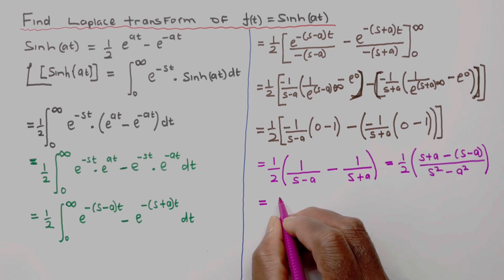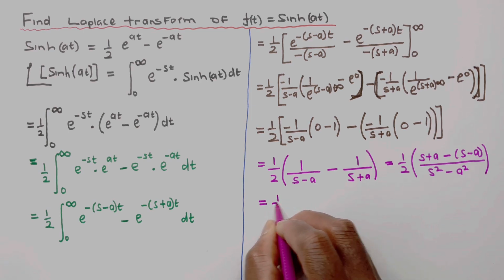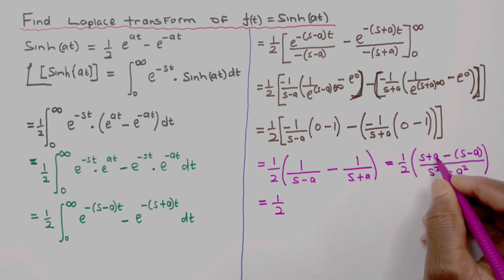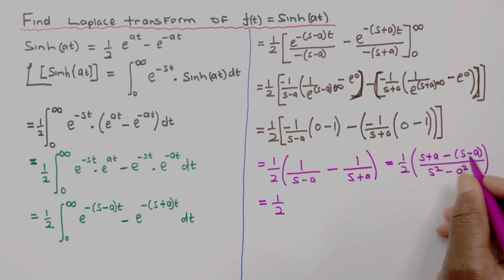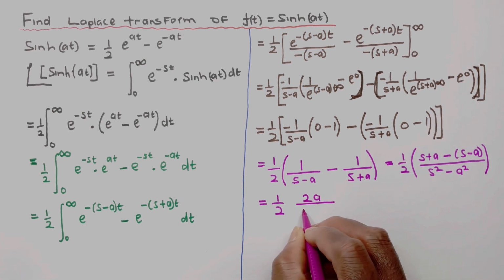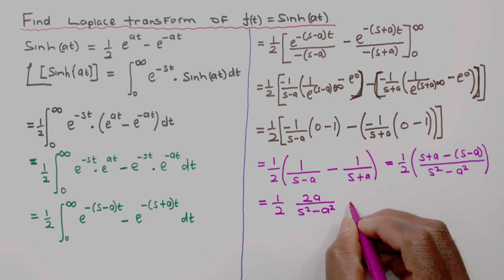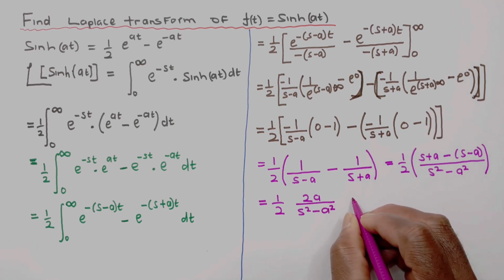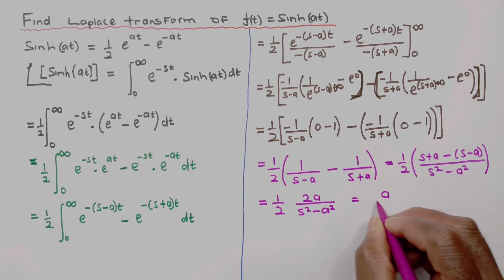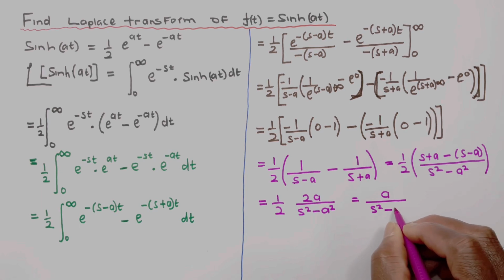So we get a half over a half, that's 2a over s squared minus a squared, and that 2 will cancel out, a over s squared minus a squared.